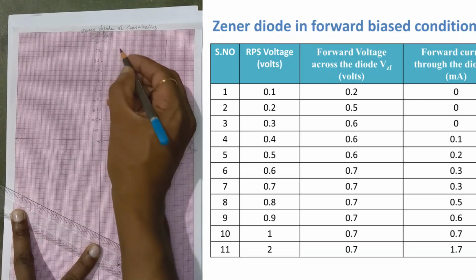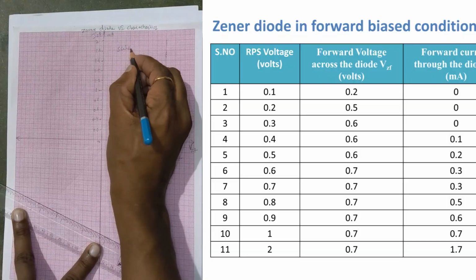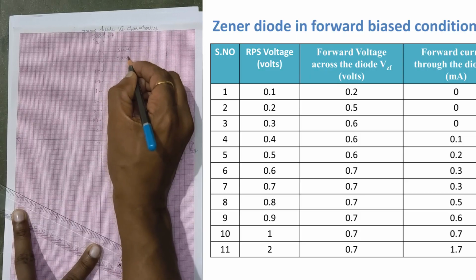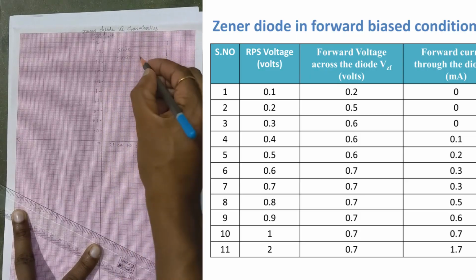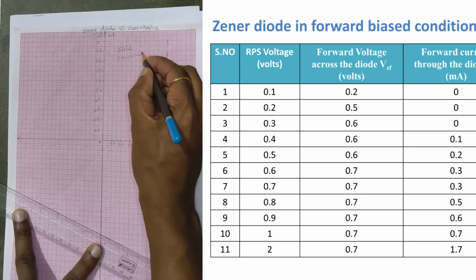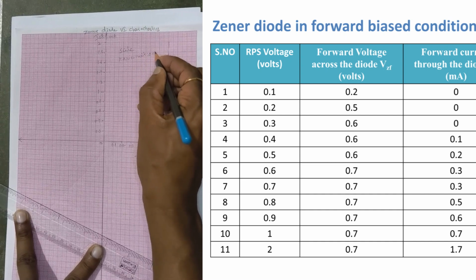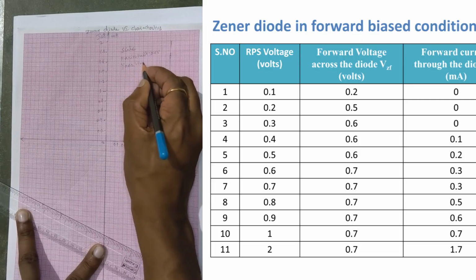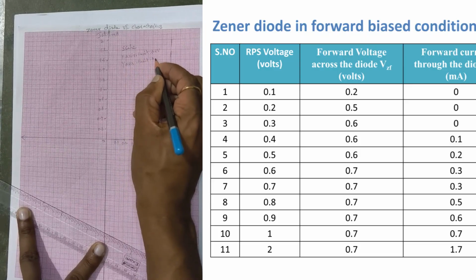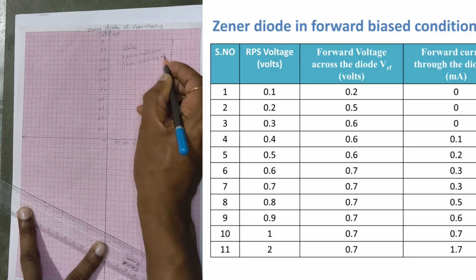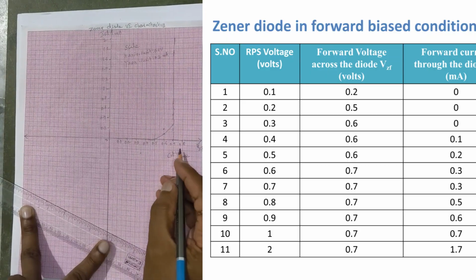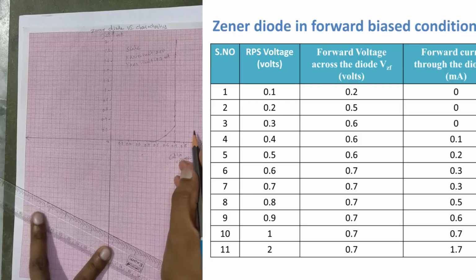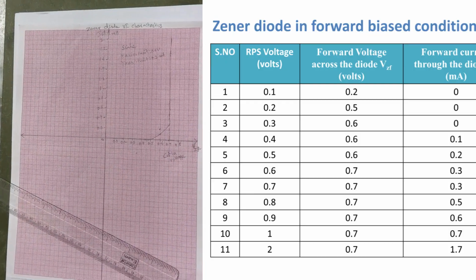Here you only need to write down the scale. On the X-axis we have considered 1 unit is 0.1 volt, and on the Y-axis 1 unit is 0.2 milliamperes. This is the Zener diode forward bias characteristics.